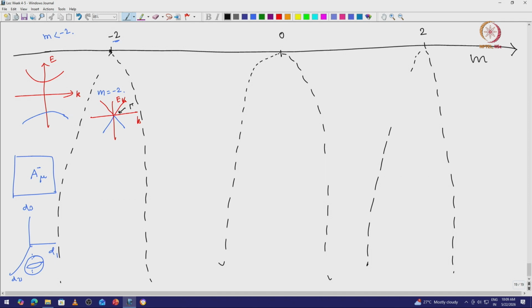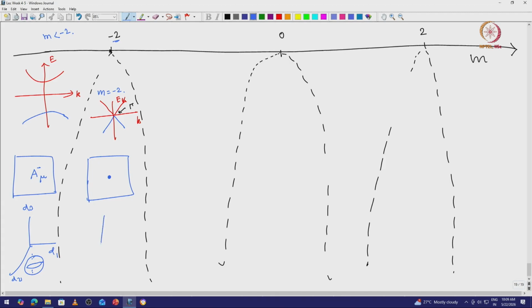At gamma. So, at this point the topology is not well defined, because A sort of diverges at this point. Okay.